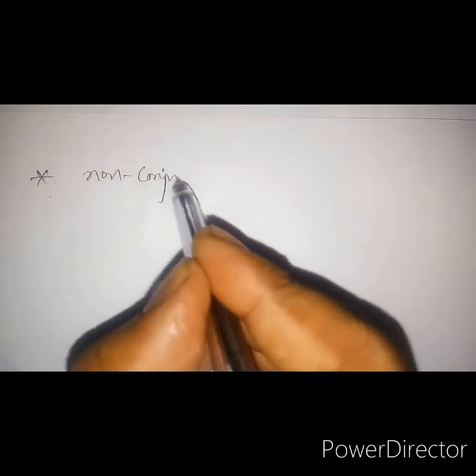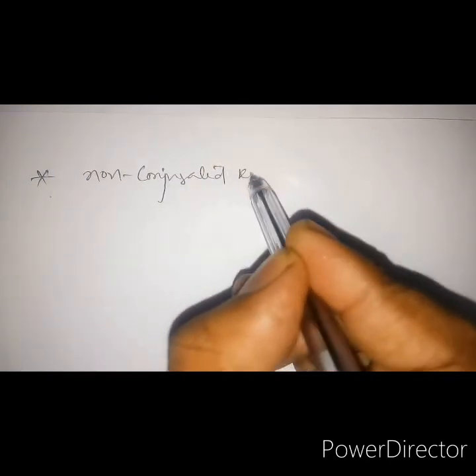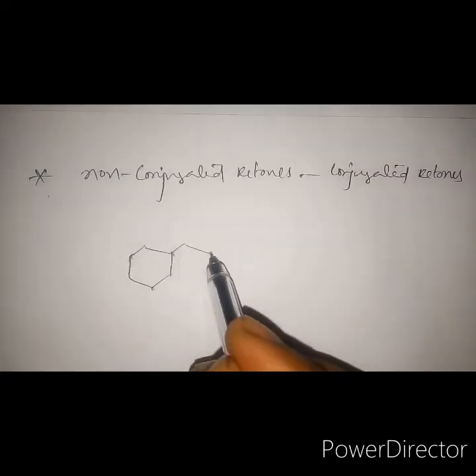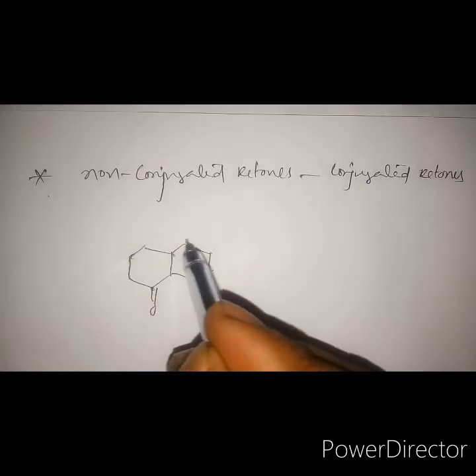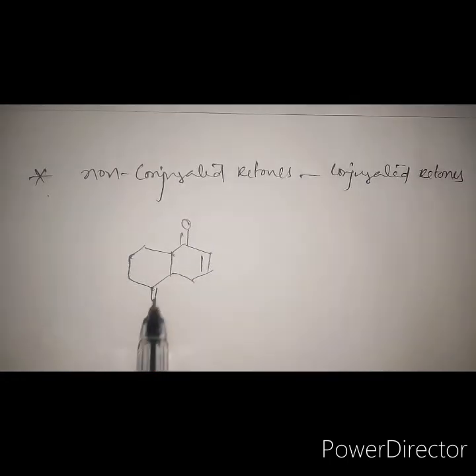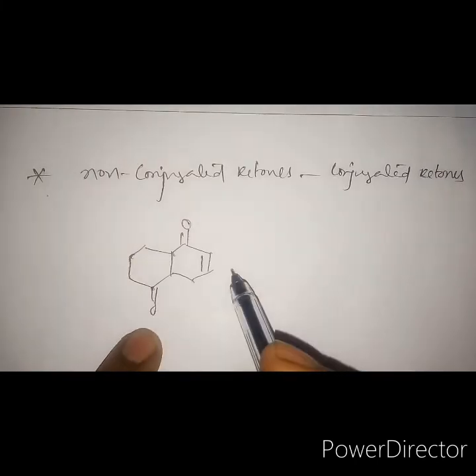An important application of sodium borohydride is to differentiate non-conjugated ketones from conjugated ketones. Say for example, there are two ketones: one is conjugated and this is non-conjugated.